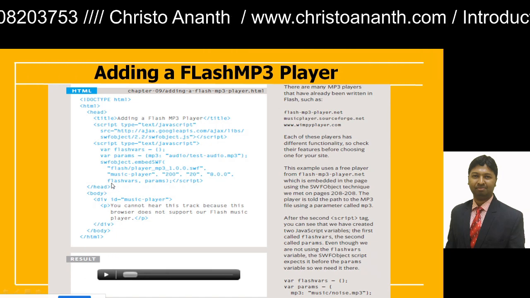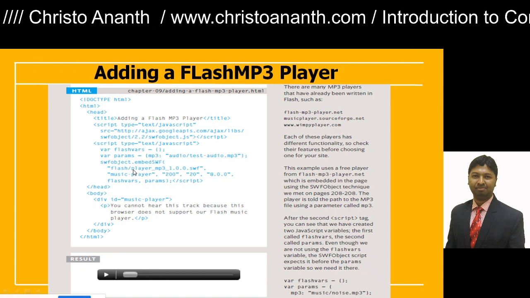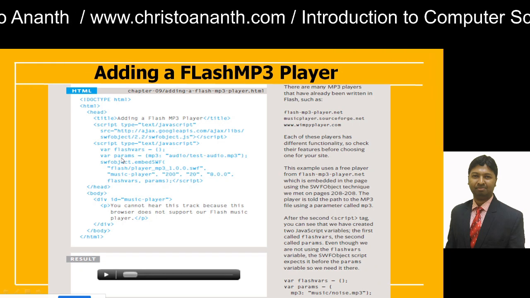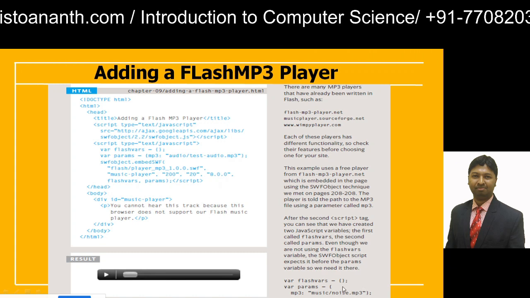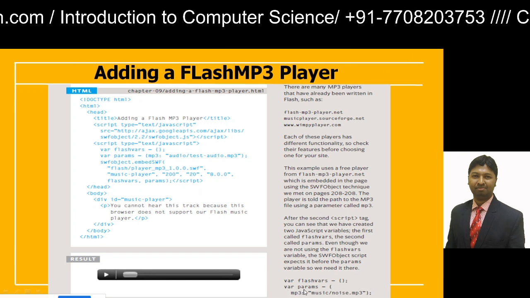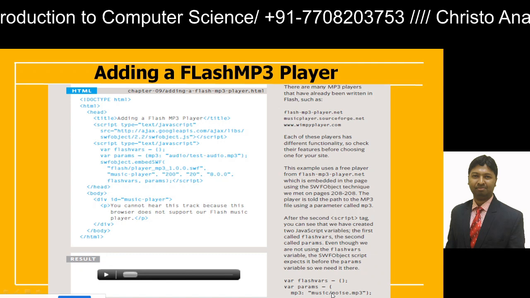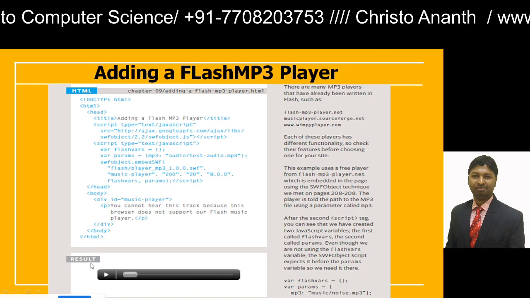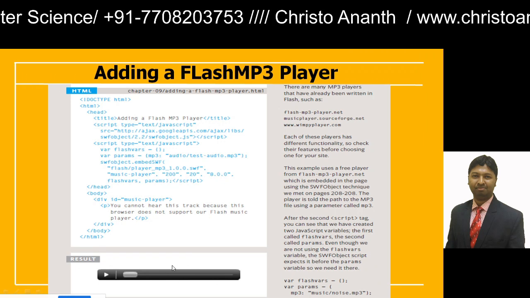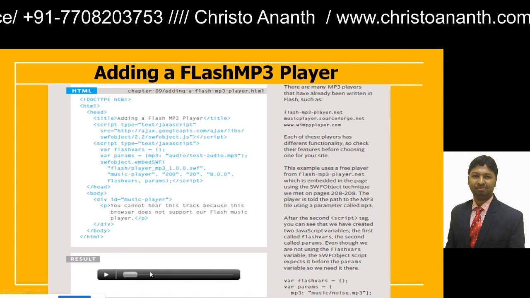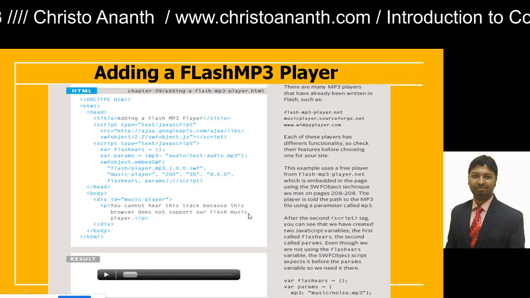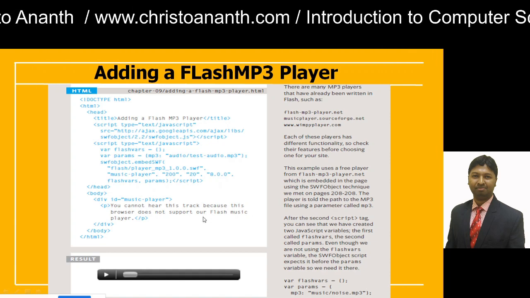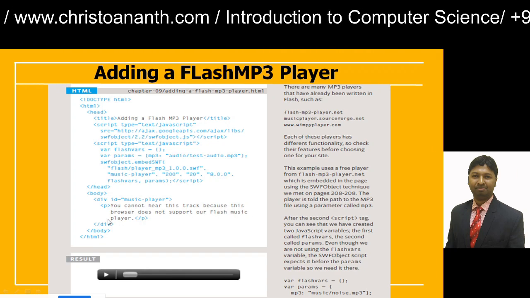But you need not have any value with the params function, maybe have the flashvars function. So this is an empty tag, and in var params you have the MP3 music slash noise.mp3. So this is how you play the audio if the format is supported, and if it is not supported, you will see this line. You cannot hear this track because this browser does not support our Flash music.